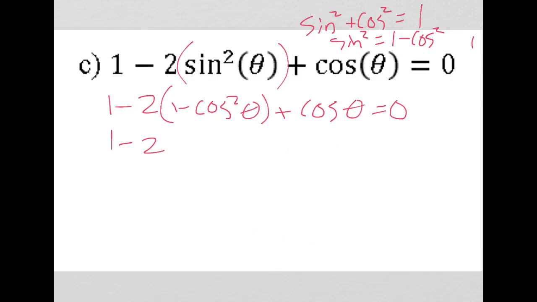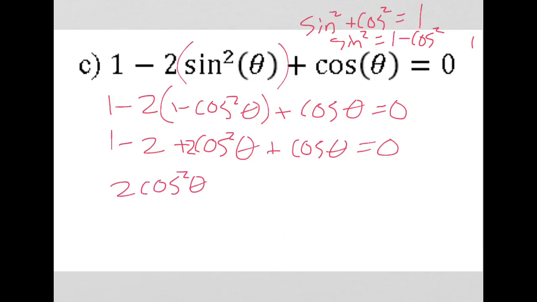Negative 2 times negative cosine squared gives me a positive 2 cosine squared theta, and I have plus cosine theta equals 0. So let's combine like terms and simplify. I get 2 cosine squared theta plus cosine theta, and then 1 minus 2 gives me a -1, and this is all equal to 0.